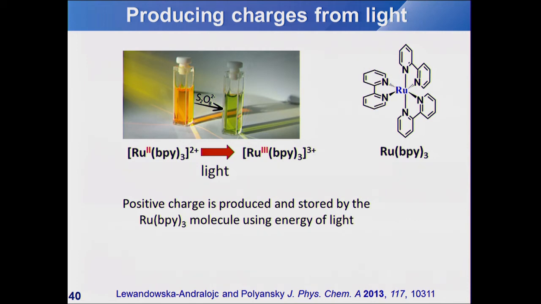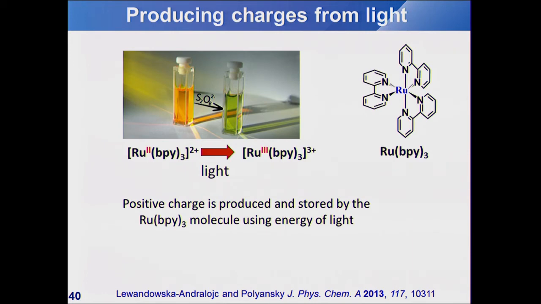So this looks similar to the catalyst I've shown, but it is different. It's not a water oxidation catalyst, and there are some subtle differences, for example, it doesn't have a water molecule attached. But what we can do with this molecule is shine light on it, and in the presence of some electron acceptor, we can use the energy of light to remove an electron from this molecule.